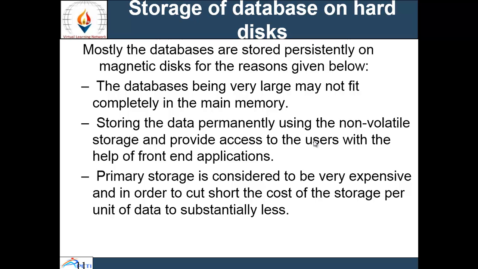It means the basic reasons for using the hard disk or secondary storage for storing databases are to cut the cost, because primary storage is very expensive, the size of the database is very large so it cannot completely fit in the main memory, and to store the data permanently in a non-volatile device.